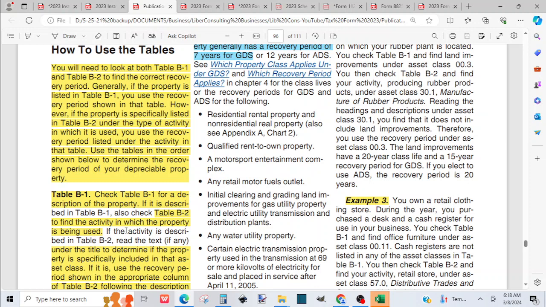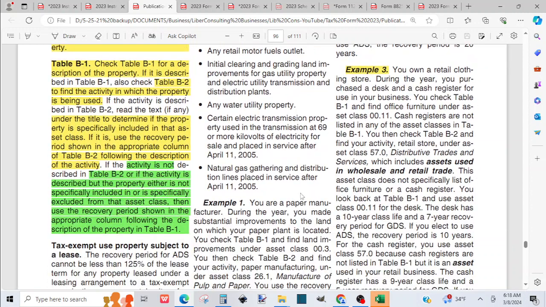If the activity is described in table B2, read the text under the title to determine if the property is specifically included in the asset class.